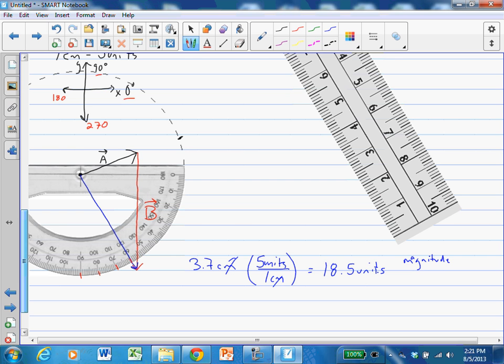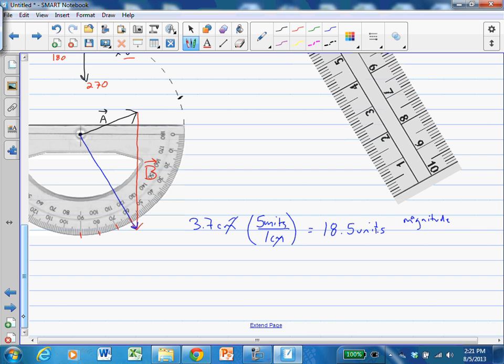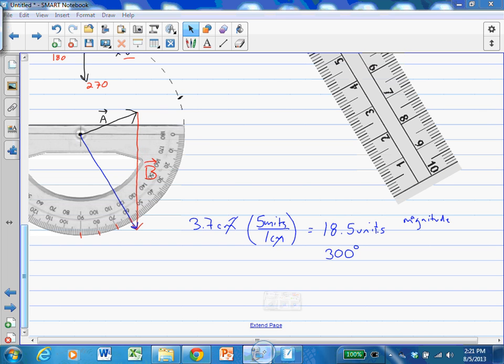So my direction is 300 degrees. And there's my graphical sum of the vectors A and B using a ruler, protractor, and appropriate scale. Well, that's the first part of 1.4. We'll come back to part 2 later.